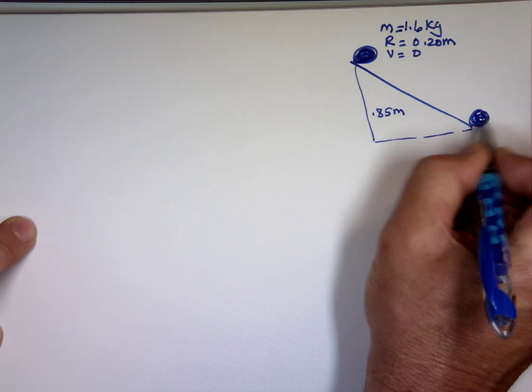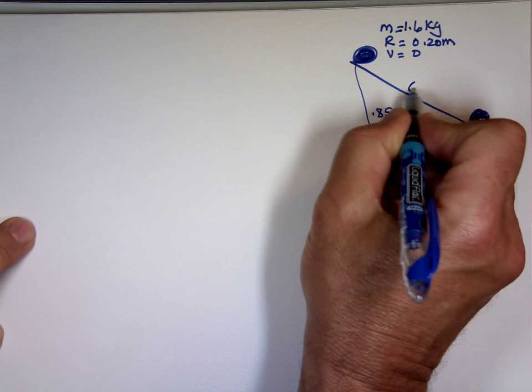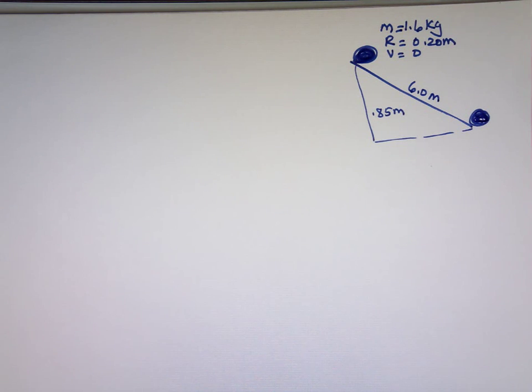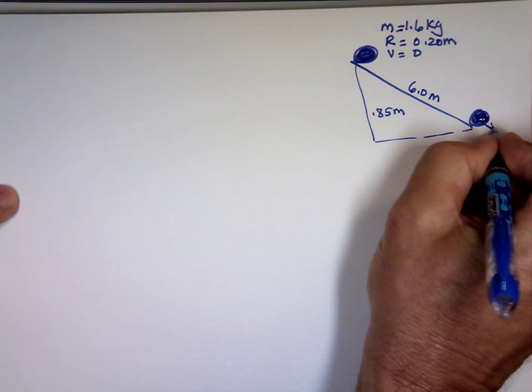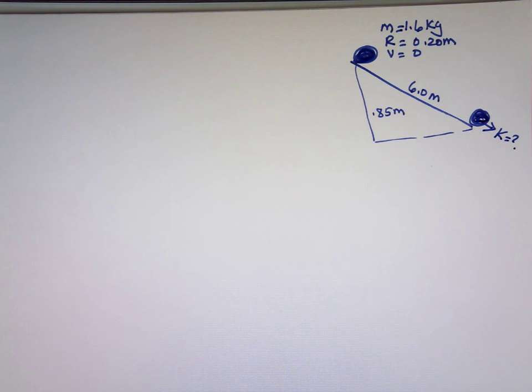And here's the sphere on the bottom, and it's 6 meters long. Doesn't really matter how long. When the sphere reaches the bottom of the ramp, what is the total kinetic energy? It didn't say which kinetic energy, it says total kinetic energy.